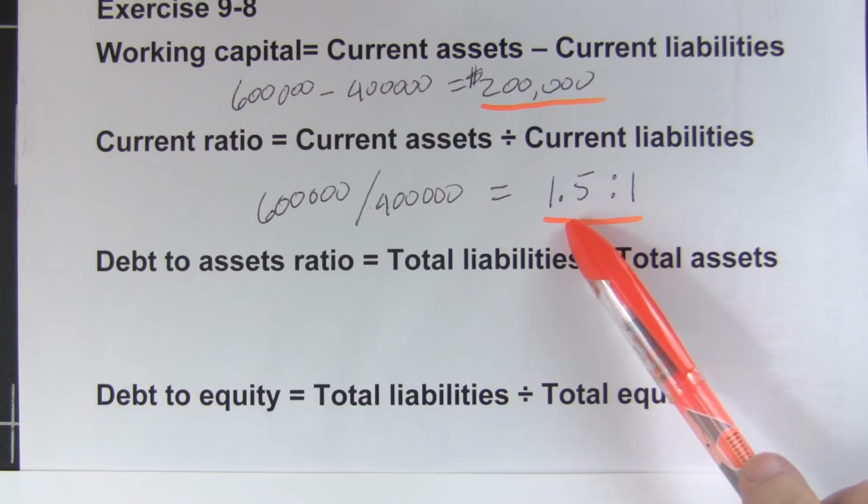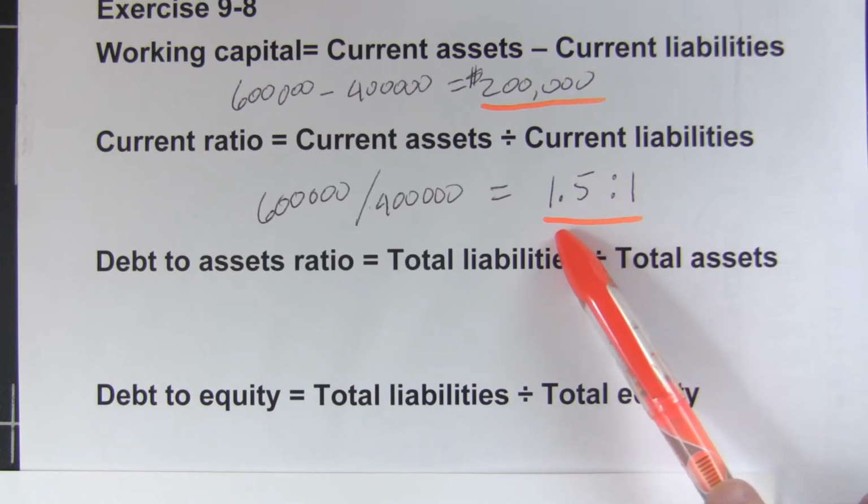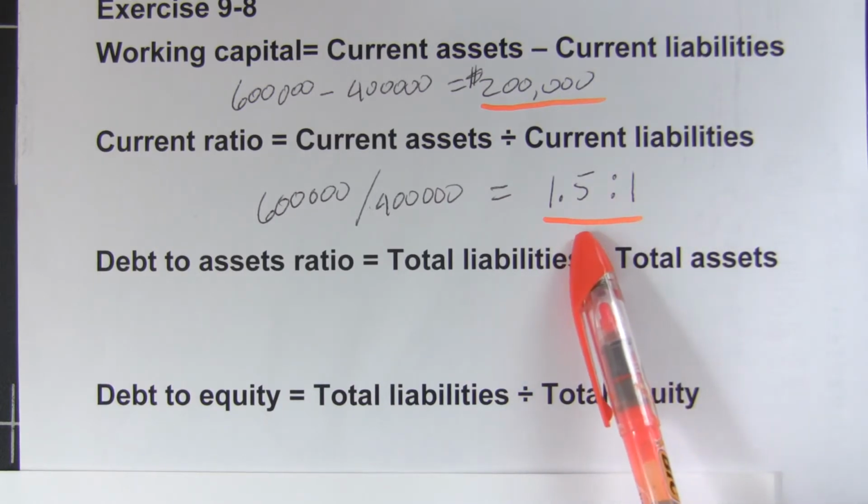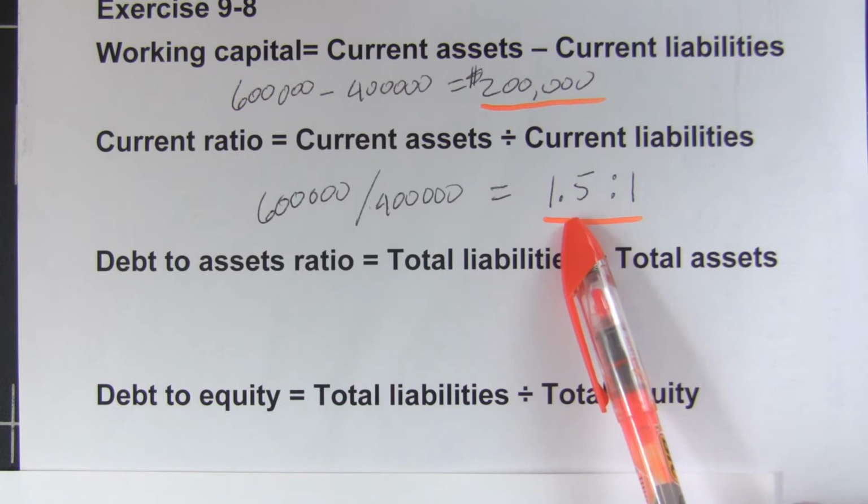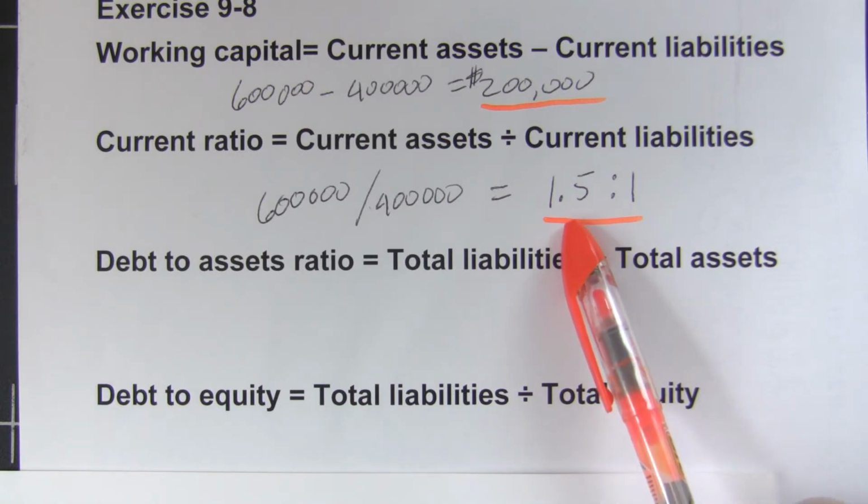That could be good, it could be bad, I really don't know. There is no hard and fast, this number is good. You always want that number more than 1. Less than 1 means you don't have enough money to pay your bills as they become due. But if it's too high, say that was 20 to 1, maybe you could be using your current assets better.